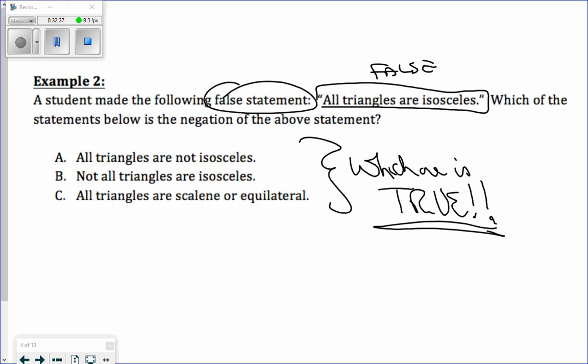All triangles are not isosceles. No. Can some triangles be isosceles? Yes, so that one's not it. Not all triangles are isosceles. Is that statement true? Yes. This one's true. This one's false.